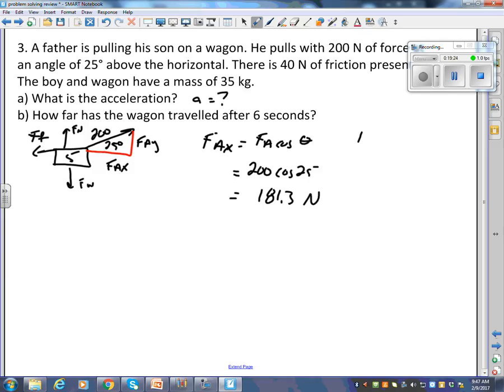And now I can find the net force, FAX plus FF. Oh, hang on.